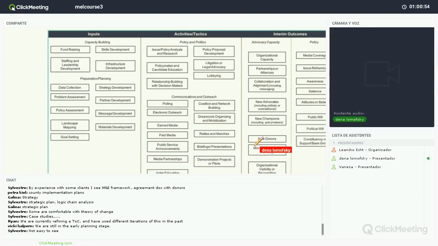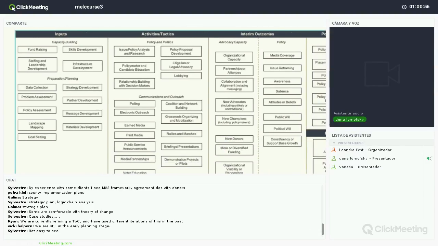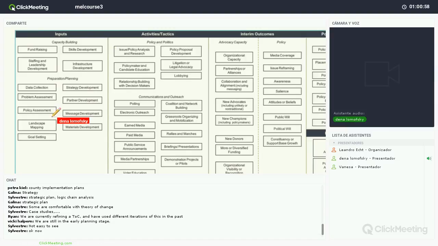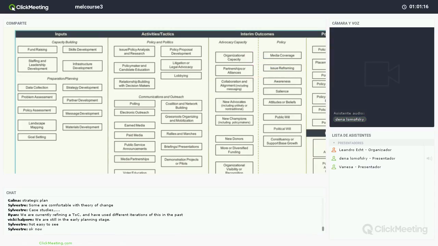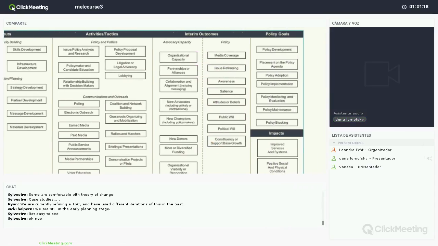You can look at this like a menu, and see where it is in your organization. These are the kinds of inputs and skills, the kinds of activities or tactics that you may employ: policy analysis, research, policy proposal development, litigation, lobbying. Then the kinds of interim outcomes that you may achieve from that: media coverage, issue reframing, organizational capacity, partnerships or alliances.